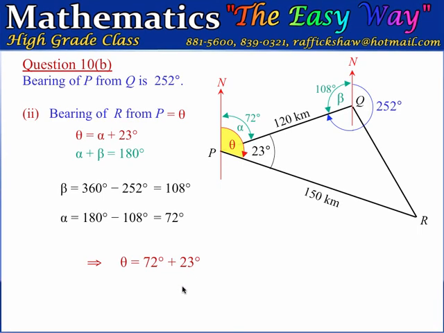And when we do the calculation, the total here is 95 degrees. And so we can write our bearing theta. It is 95 degrees. But bearings must be written with 3 digits. And so we put the 0 in front of the 95 degrees. And that's the answer for part B of this question.